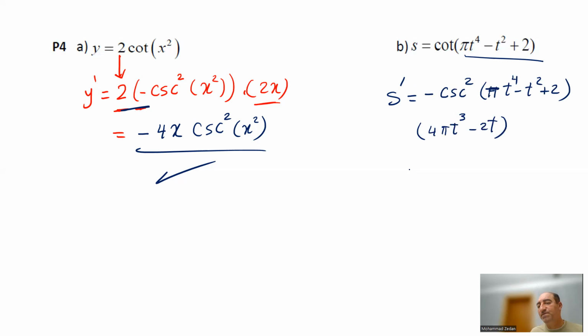Thank you, that's it. So for the final answer, I can multiply this negative sign into the bracket to get negative 4 pi t cubed plus 2t, times the cosecant squared of the same angle, pi t to the power 4 minus t squared plus 2.